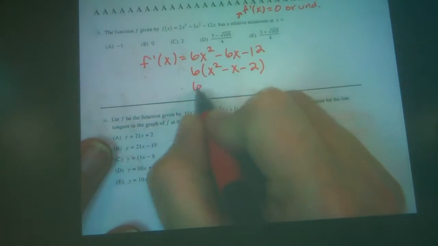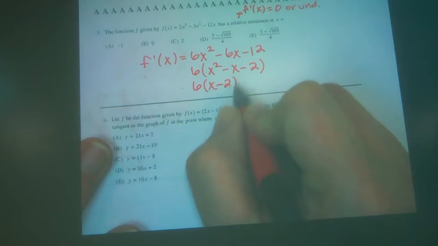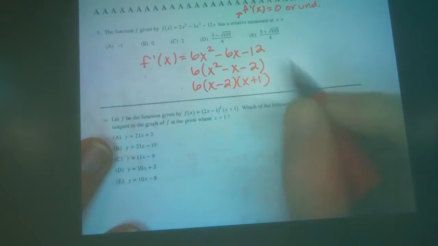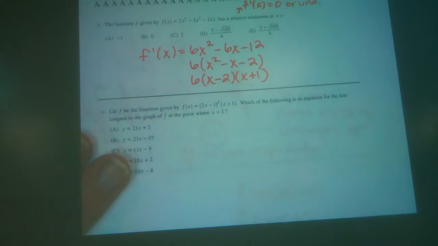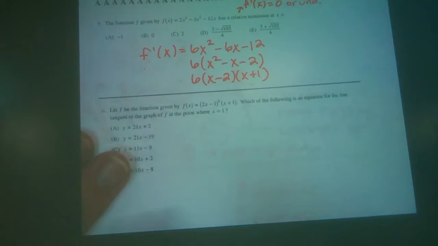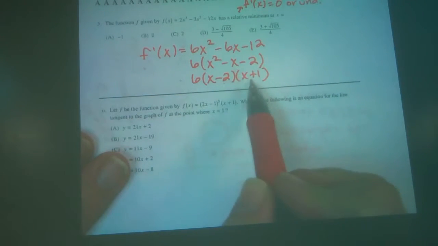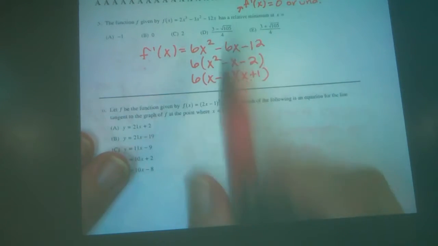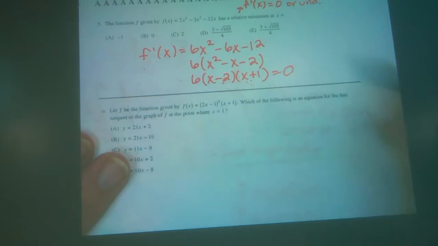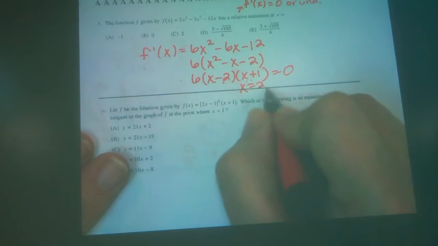And if I factor that, I get this. So there are two places where I could have a relative minimum. There are two places where this would equal 0, at 2 and -1.